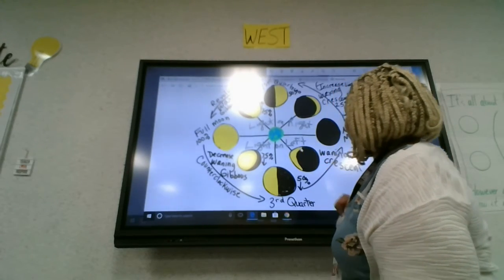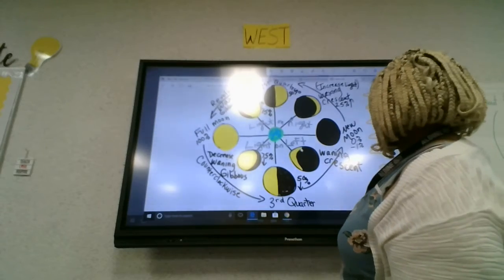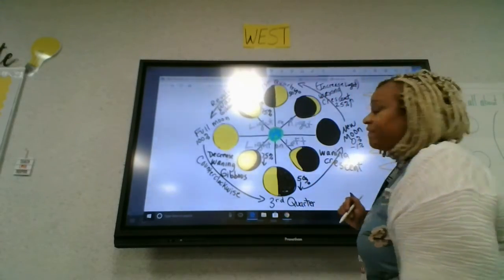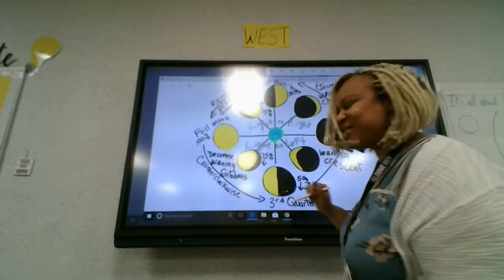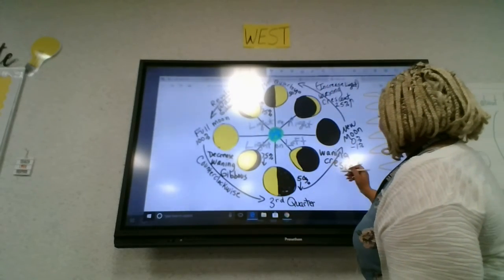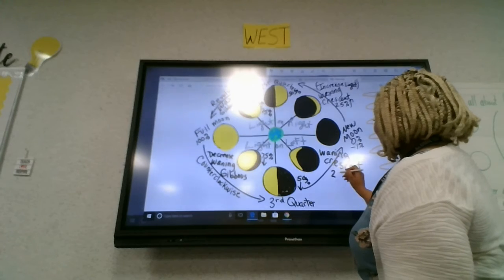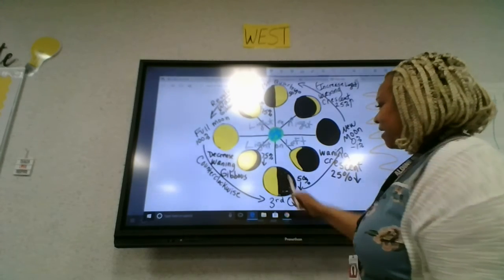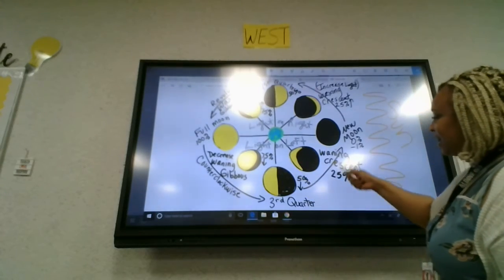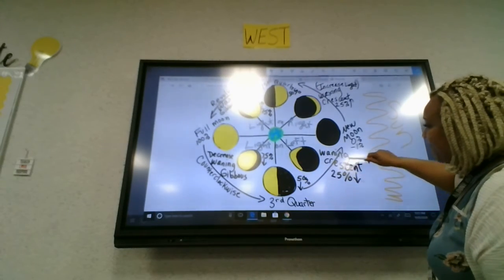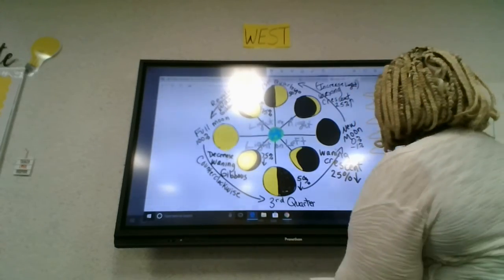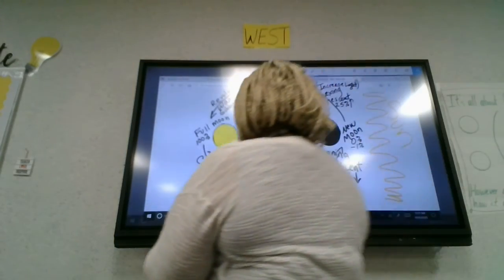Okay, so now that we have that, we have completed this lunar phase cycle. Yes, we have. So right here we have 25% decrease. Notice I'm putting decreasing on this side because eventually it's going to go back to your new moon phase, right? So here we are.